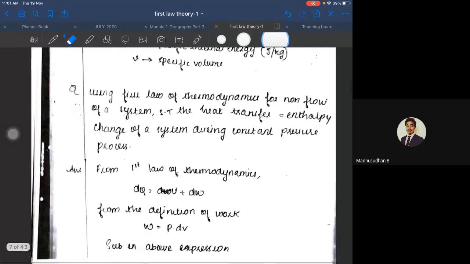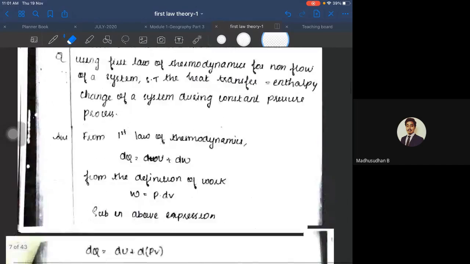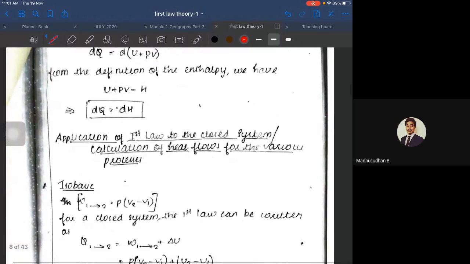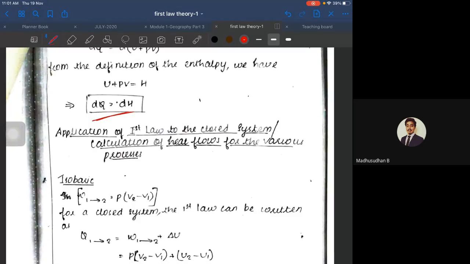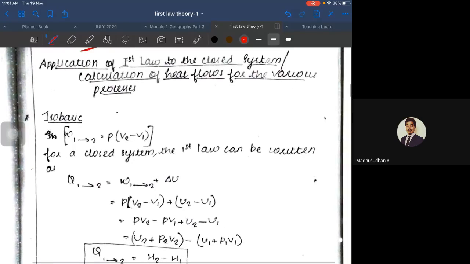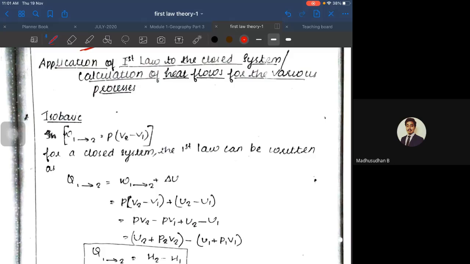Now, there is a small bit of derivation. You can just look into it. This also is important, where you'll prove that dQ is equal to dH. Now, we shall look into the different applications of the first law on different processes.